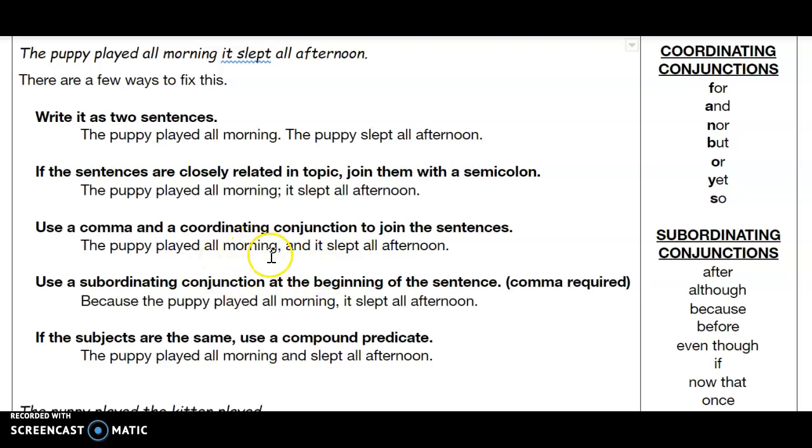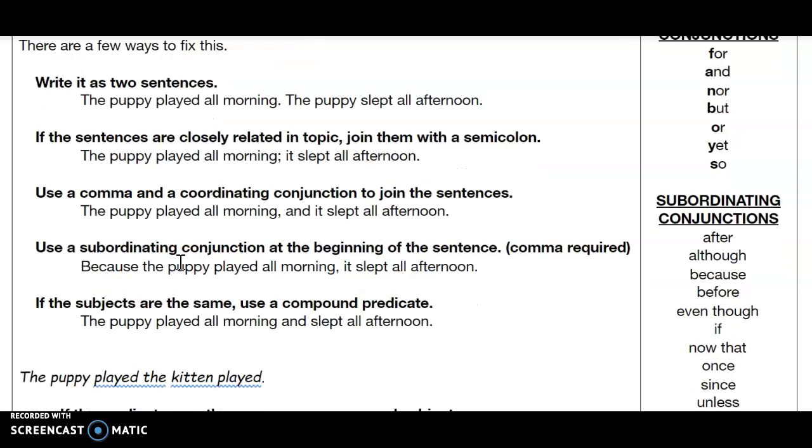The other mistake I see is people attach the comma to the and, so it would be like morning, space, comma, and. That's incorrect. The comma is always attached to the word on the left. All right, so the puppy played all morning, comma, and it slept all afternoon. That comma and conjunction join the two sentences.